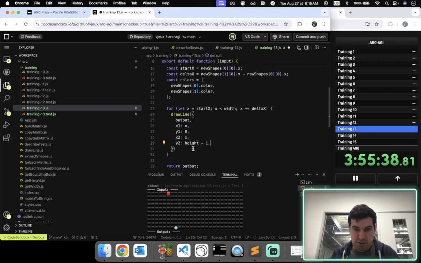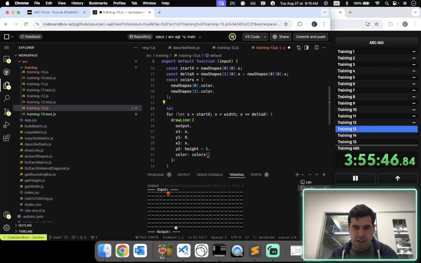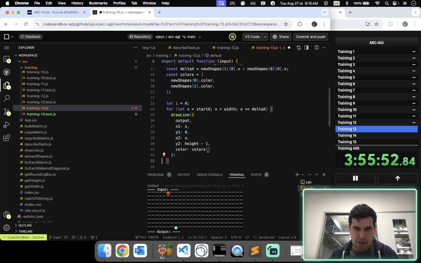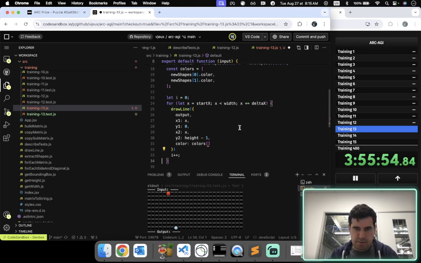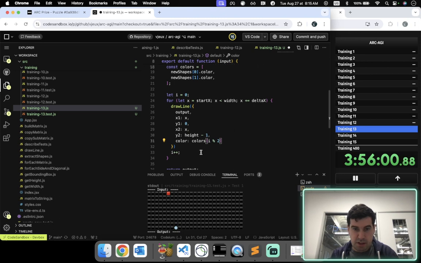Okay, and so the color is equal to colors. Oh, well, I need to let i equals 0, i plus plus. And so colors equals i modulo 2.